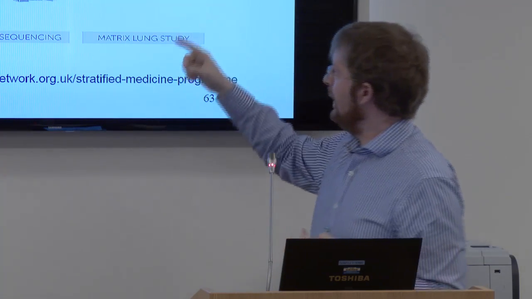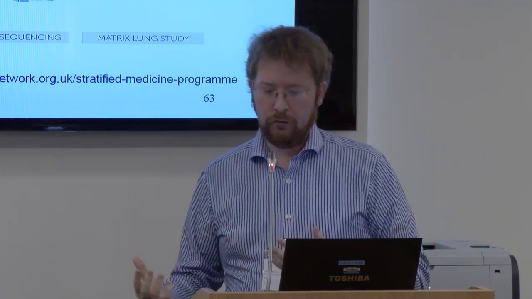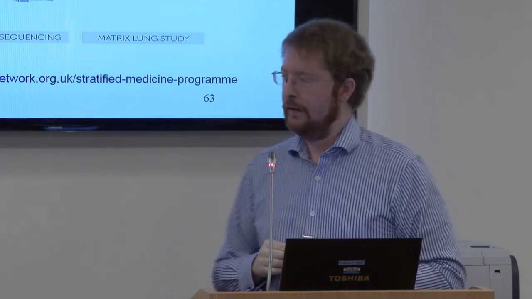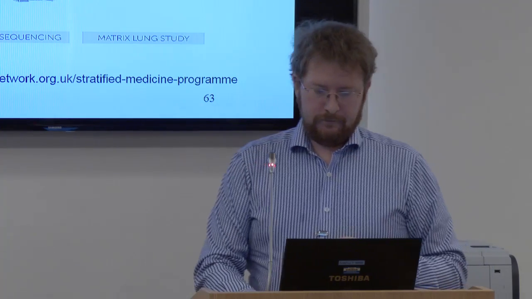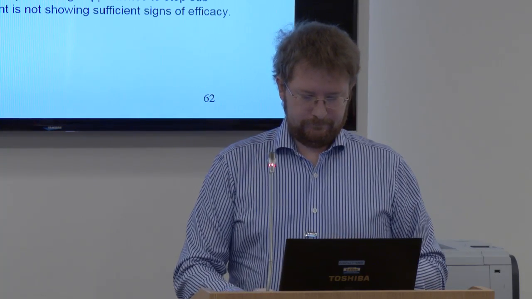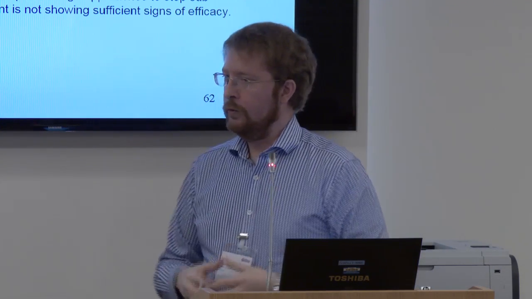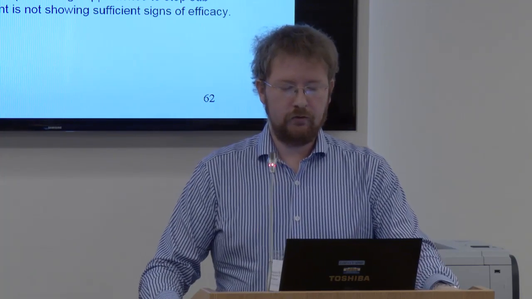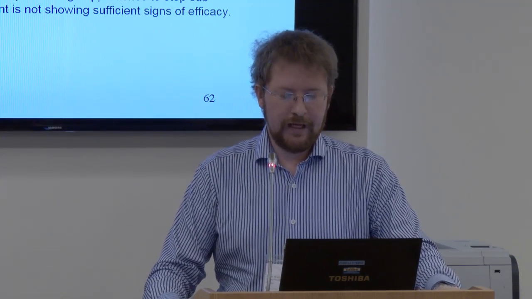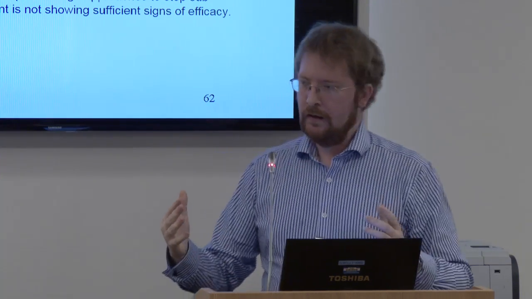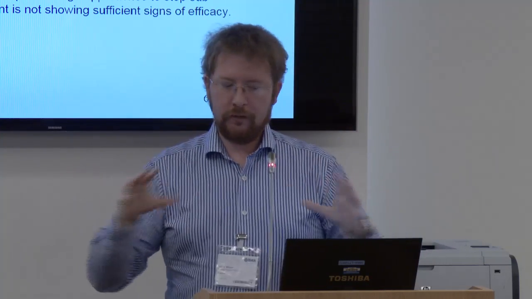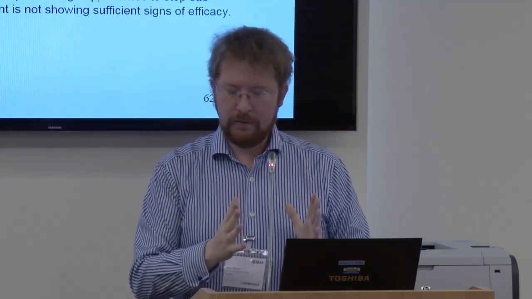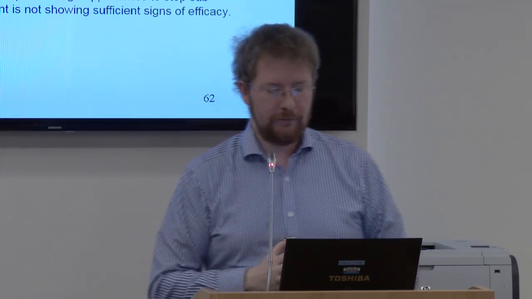And based on that, they'll be allocated to one of several trials, each one testing a novel agent in a biomarker subgroup. Another example is Focus 4, which is being run by the MRC Clinical Trials Unit in London. Both of these designs have the same idea of multiple sub-trials, each testing a treatment, but they do differ quite a lot in other ways.